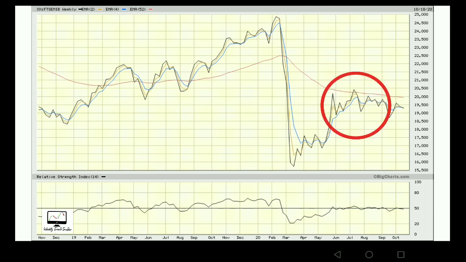And now the market looks as though it's finding some weakness again and is about to drift from that 19,500 level back to the downside. Look at the RSI, pretty flat, but has that slight bearish bias. The market cannot close at the moment above that 52-week moving average. And if this is a head and shoulders pattern, then we've got some further downside to come.